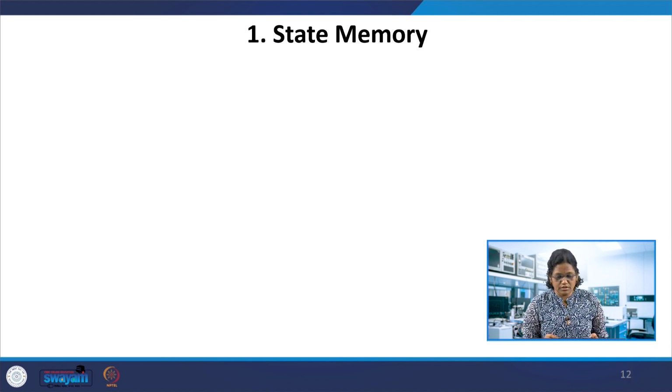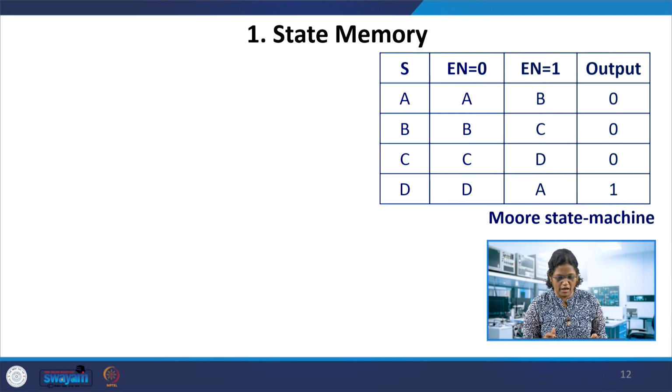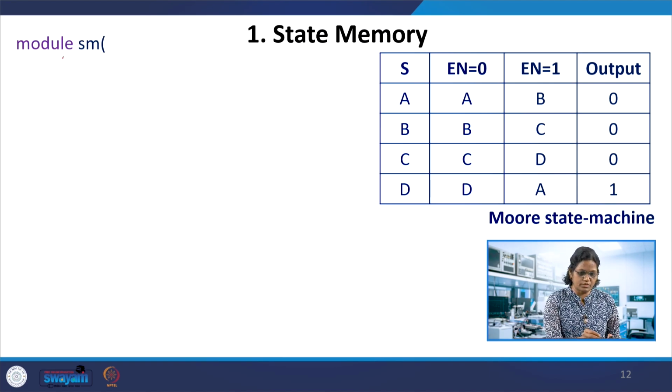The first module we have takes the Moore machine. For the current state there is an output, and when enable is 0 it stays in that state, or it moves to the next state, and so on. We take the code of this module, a state machine named SM. What are all the inputs for this module?